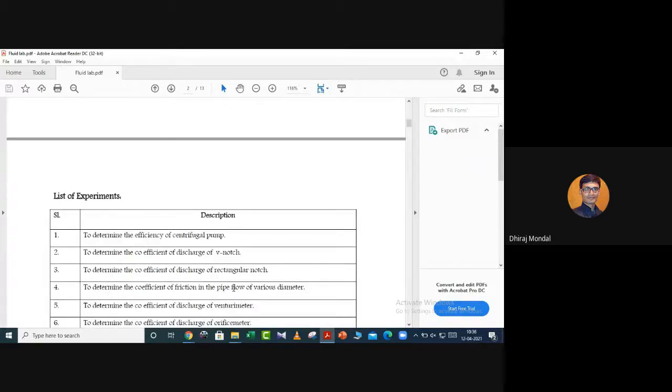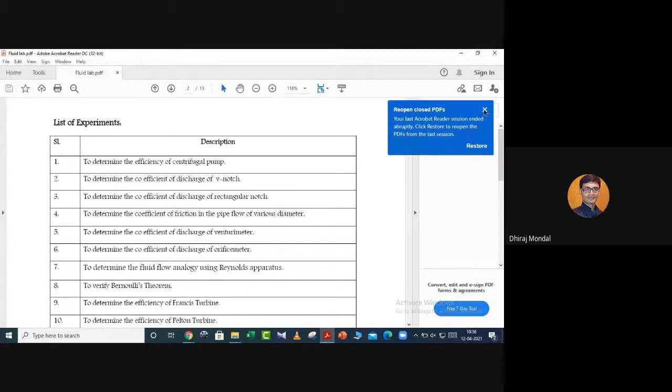So the first experiment is to determine the efficiency of the centrifugal pump. Second is to determine the coefficient of discharge of a V-notch. If it is a V-notch, then how can we calculate its coefficient of discharge?